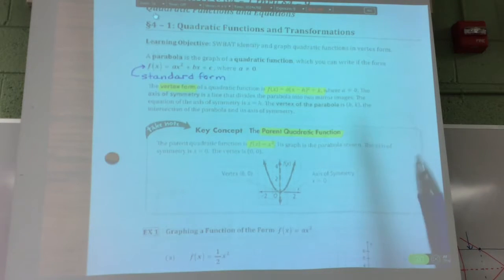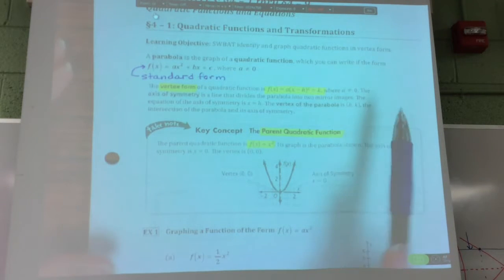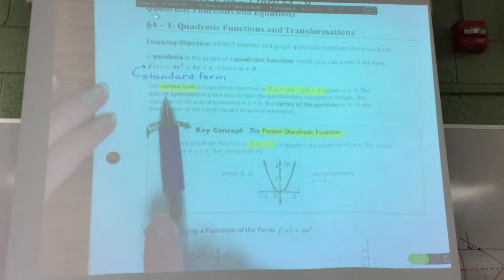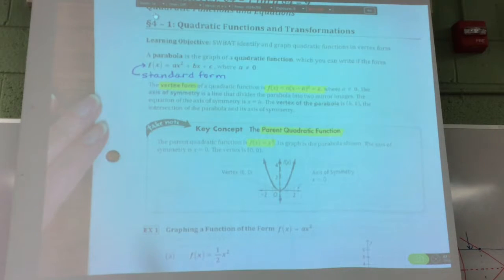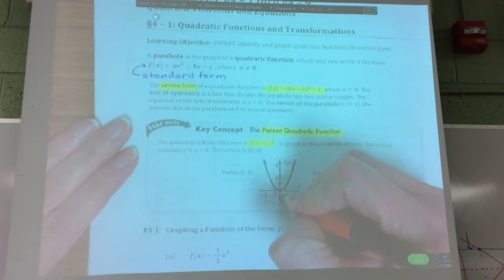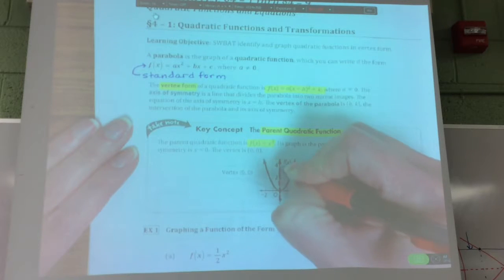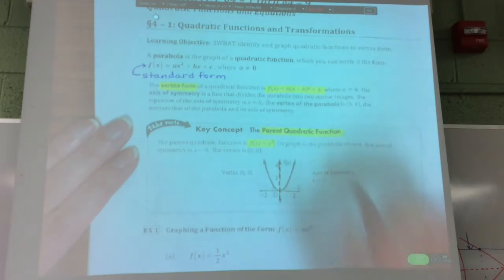Okay. Some of the features of the graph. The axis of symmetry, just like we had for the absolute value functions, we have an axis of symmetry. All right? So in your graph, and you can barely see it here, it's this dashed line right here.